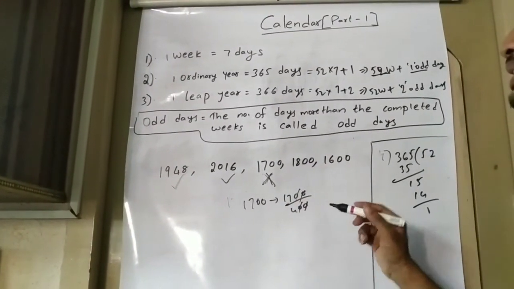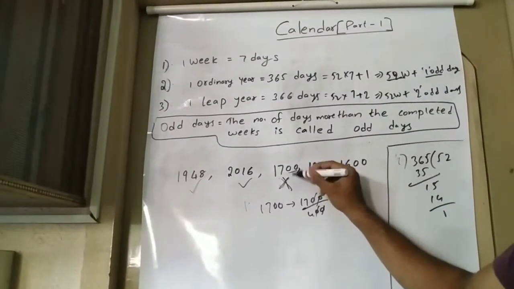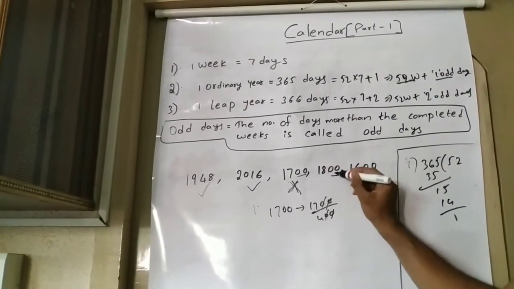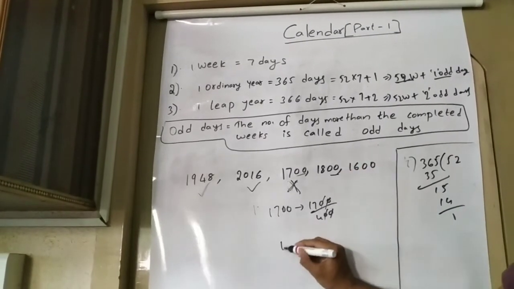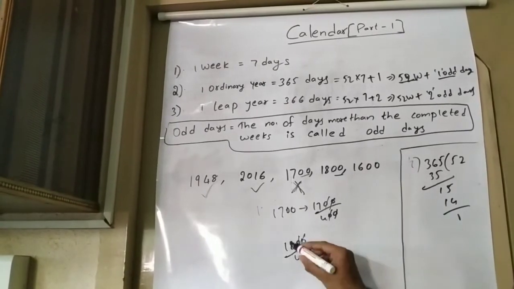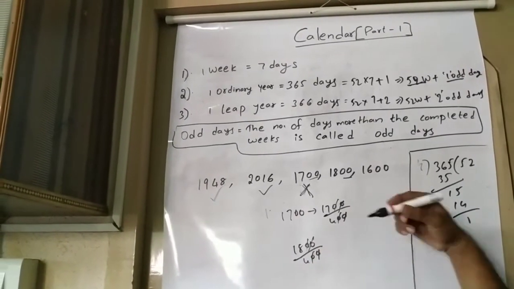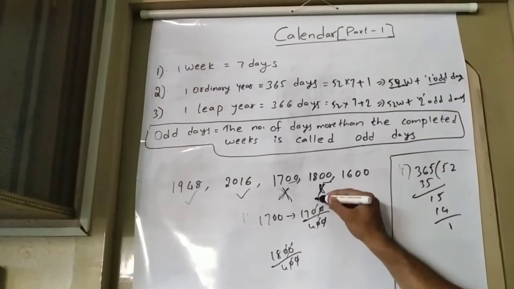A year is said to be a century year if the last 2 digits of the year are 0. So 1800 is a century year because the last 2 digits are 0. Let us divide 1800 by 400. But 400 won't exactly divide 1800. So 1800 is also not a leap year.